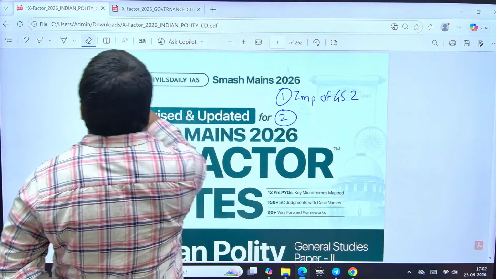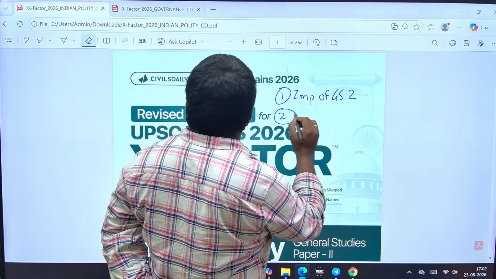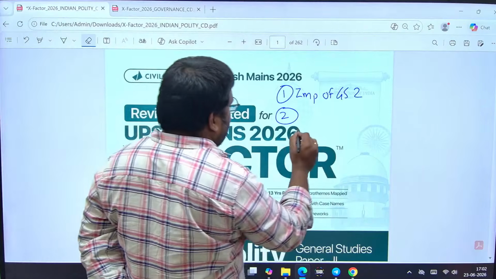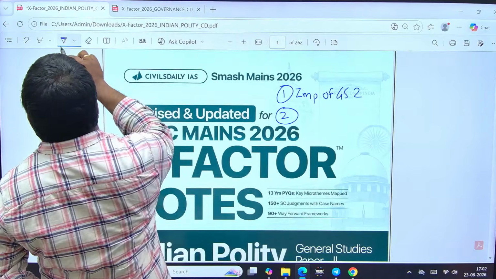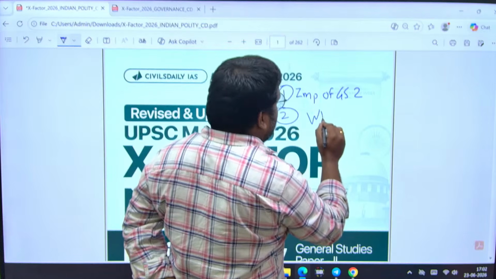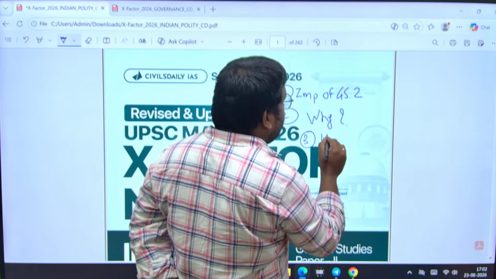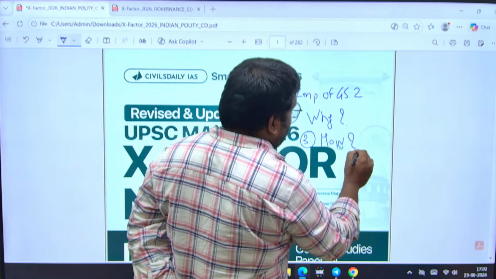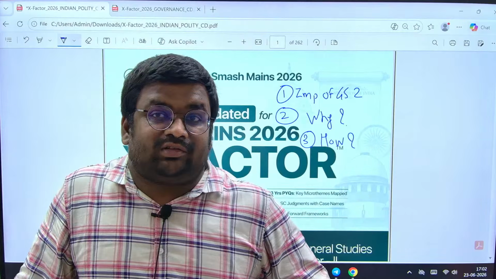The second would be why X factor, and third, how to use the X factor. So basically we will be discussing these three things.